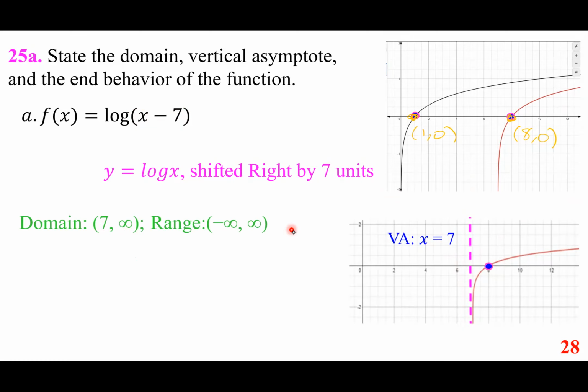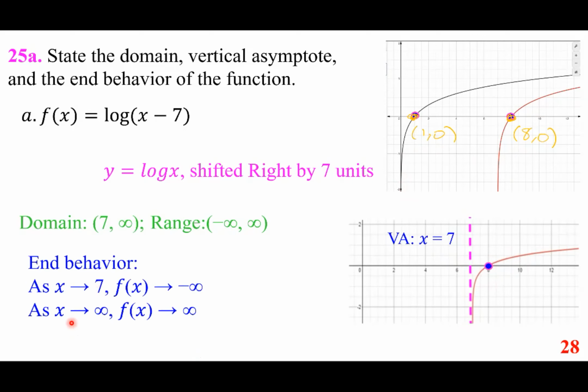The end behavior, as x goes to infinity, y goes to infinity for both cases. But in this case, as x goes to 0 from the right, we should say, f of x goes to negative infinity. In this case, as x approaches 7, f of x goes to negative infinity. I hope you see the concept. If we want to be more precise here, this is the notation you'll see in calculus.